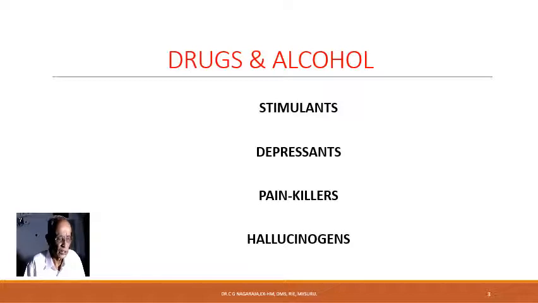Depressants are those that try to reduce the physiological activity of our body. Therefore, some depressant drugs are taken; alcohol also is a depressant. And painkiller. Alcohol may not be a painkiller, but you have seen in movies, especially English movies, where soldiers get shot by a bullet.